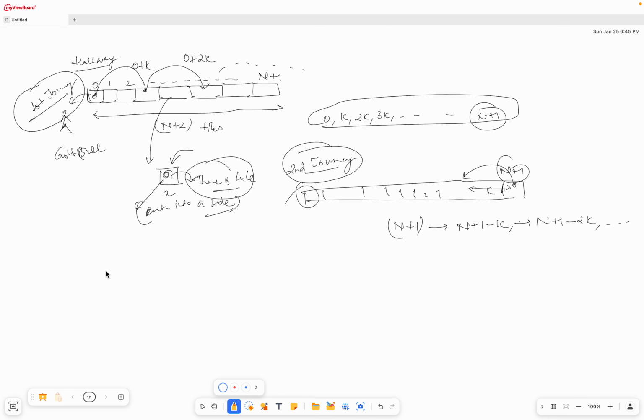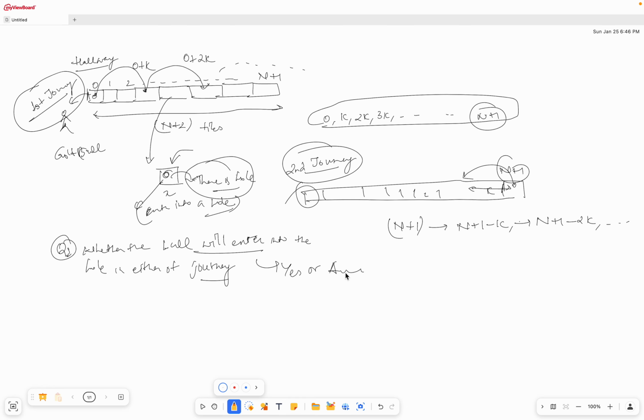The question asks whether the ball will enter the hole in either journey, so you have to give a yes or no answer.